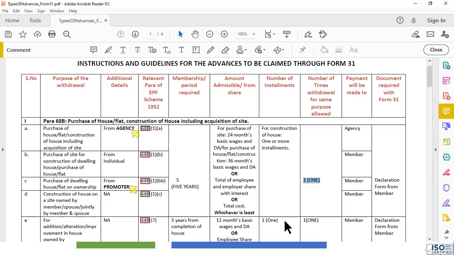Dheeraj, what is your take on that? See, if the PF withdrawal is done before 5 years, and the PF withdrawal amount is more than 50,000, in that case, TDS is applicable on that amount. But if the withdrawal is done after 5 years, TDS is not applicable. And these all are advances. Okay. So advance will not attract any tax.